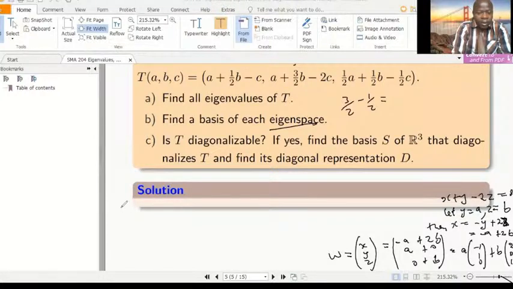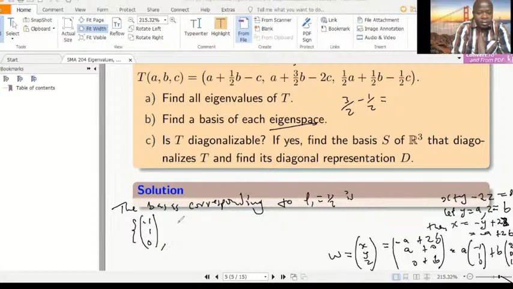The basis corresponding to lambda equals a half is the set of all the eigenvectors corresponding to this eigenvalue, and the eigenvectors I have there are negative 1, 1, 0 and 2, 0, 1.